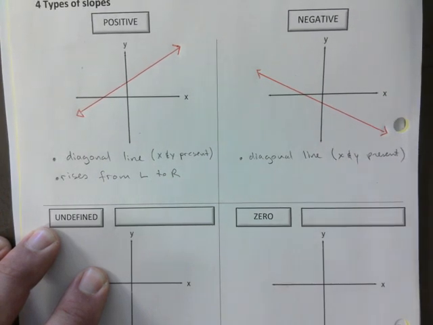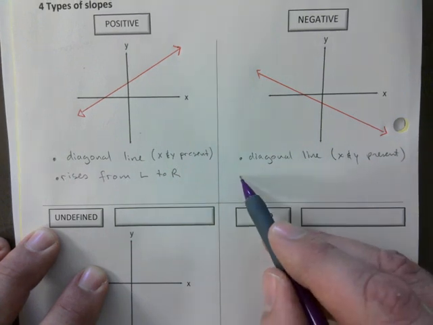And I'll give you a warning. Sometimes you can have X and Y present at first, but when you combine like terms, the Y's or the X's might cancel out. And that's when you're truly going to know whether or not it's a diagonal or not.